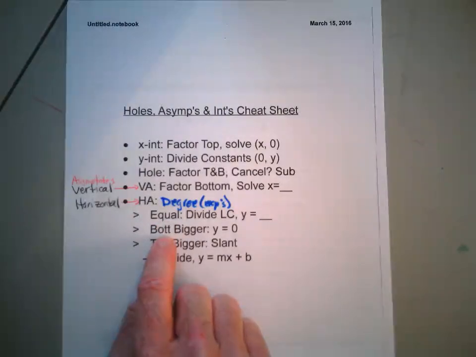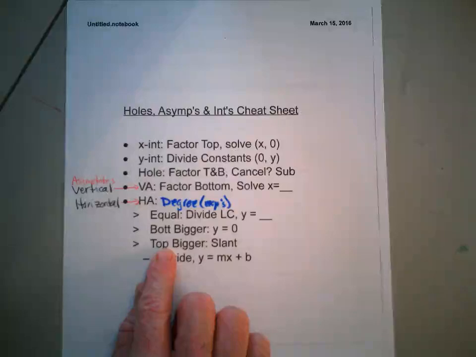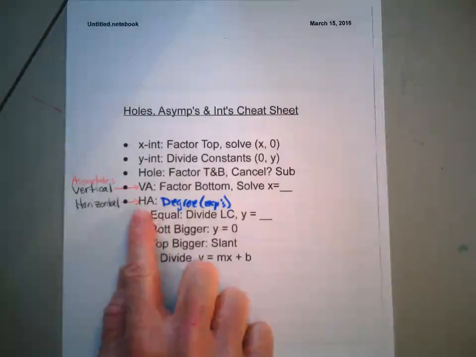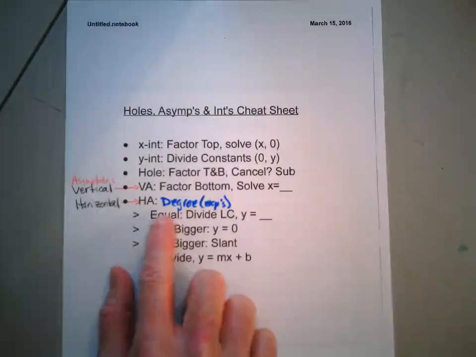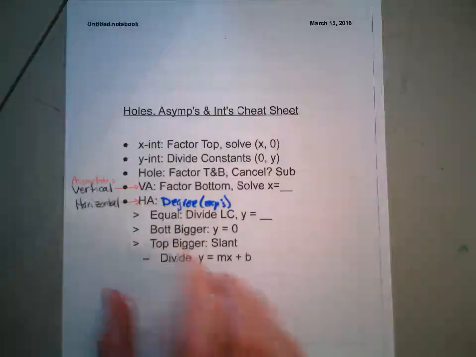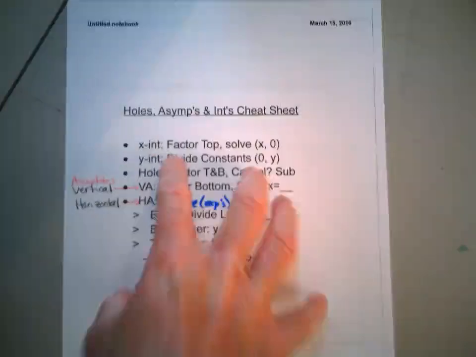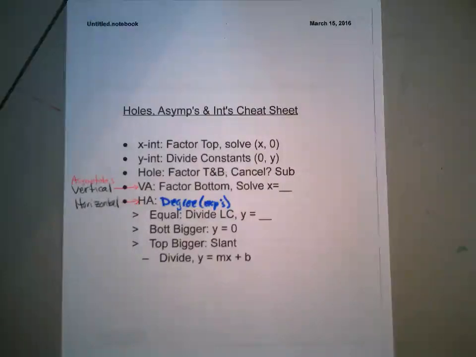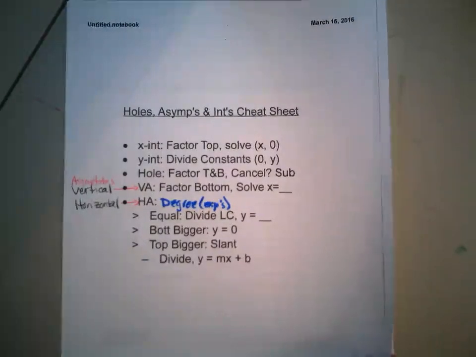Is the bottom exponent bigger, or is the top exponent bigger? As we are discovering our horizontal asymptotes, we're going to talk about these equal, top bigger, and bottom bigger situations. So keep these notes close by, handy, as we go through the Delta Math problems.